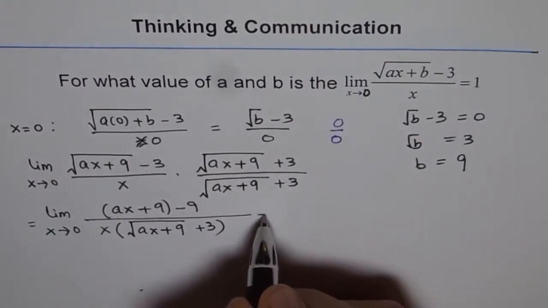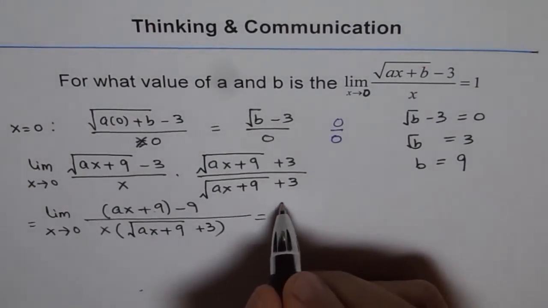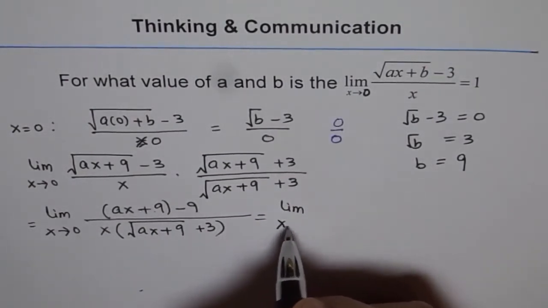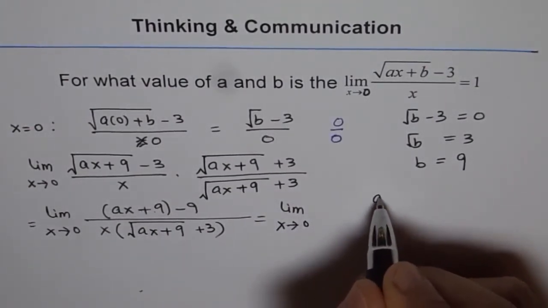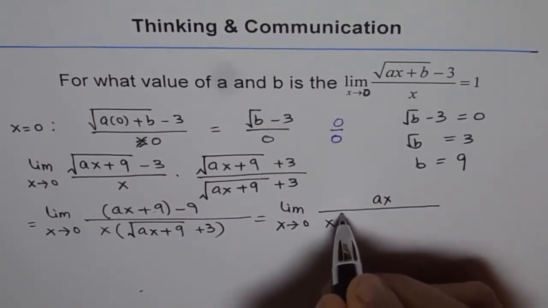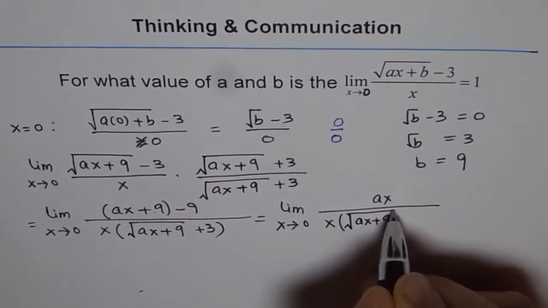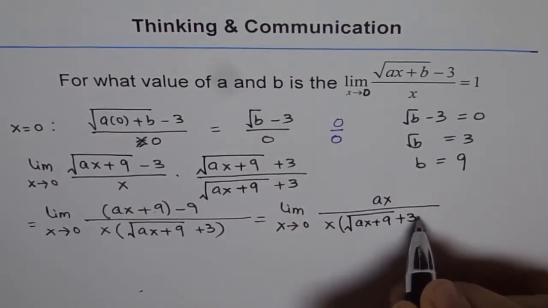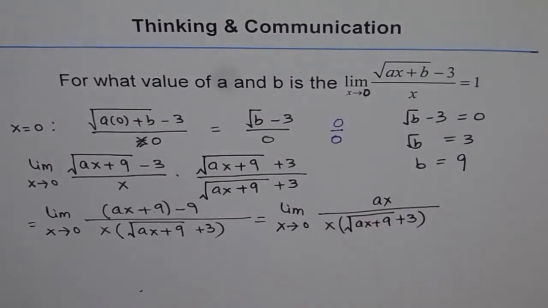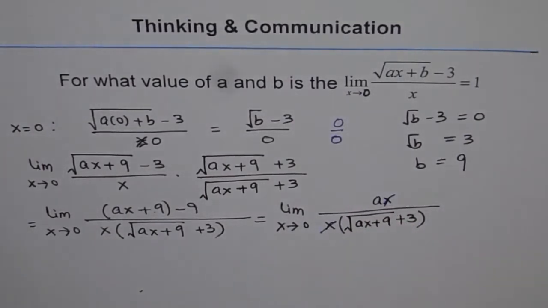Now clearly 9 minus 9 is 0, and so you have ax in the numerator. So the limit as x approaches 0 of ax over x times square root of ax plus 9 plus 3. Now x and x cancel out.